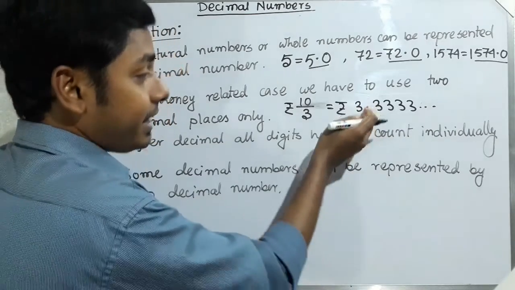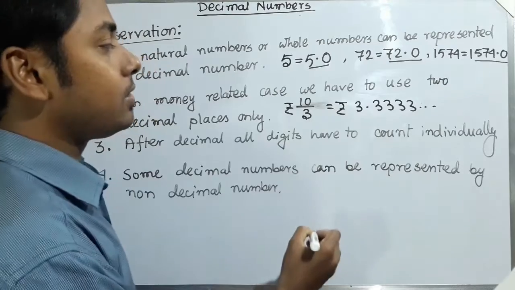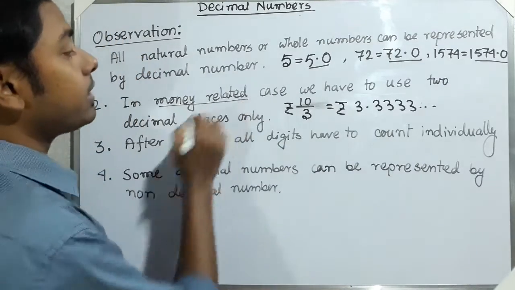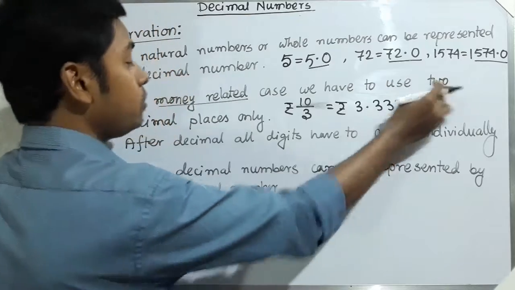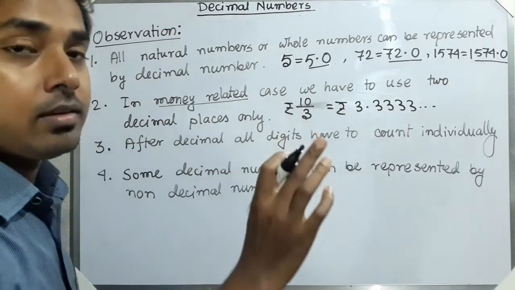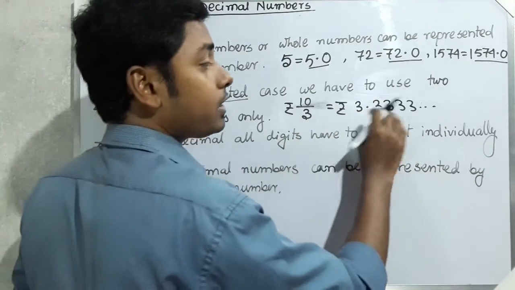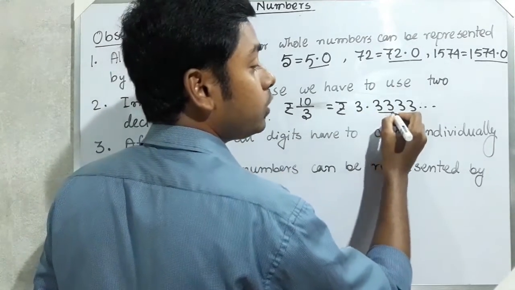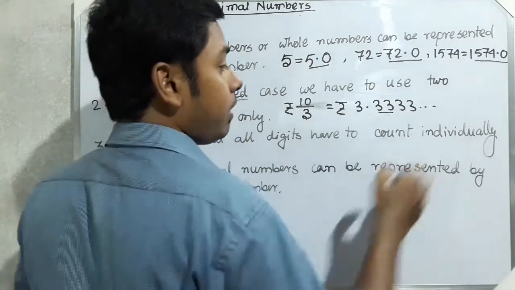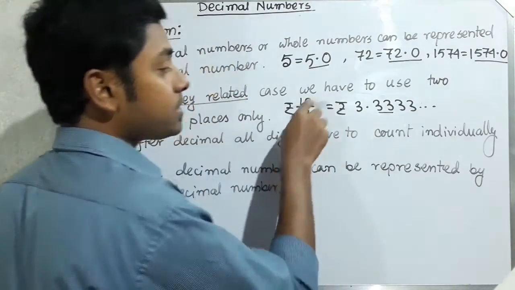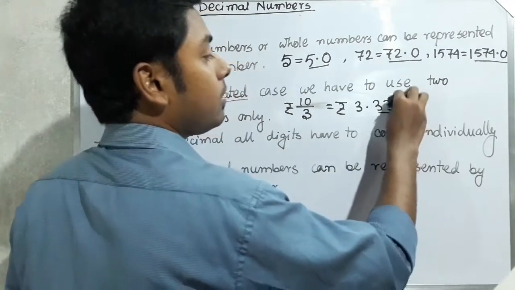Okay, in this type of case, whenever you are having rupees, whenever you are having a money related case, in that case only you have to use 2 decimal places. And what is 2 decimal? Already I told you, 2 decimal means after the point you will have only 2 digits. That means in this case you can write rupees 10 by 3 as rupees 3.33, like this.